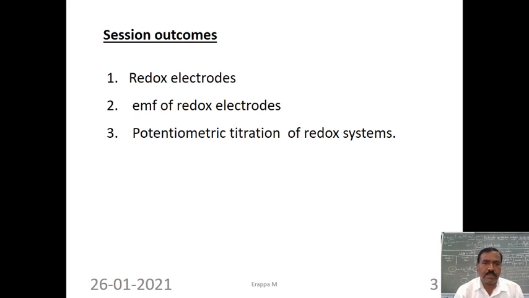After this session, the students should know what is meant by redox electrodes and how to calculate the EMF of redox electrodes. Very important are the principles involved in potentiometric titration, especially with redox systems like Fe2+ or Fe3+.